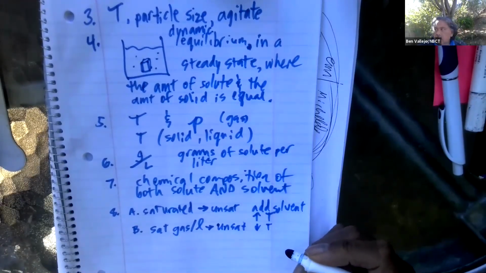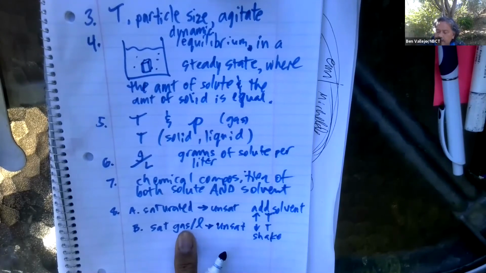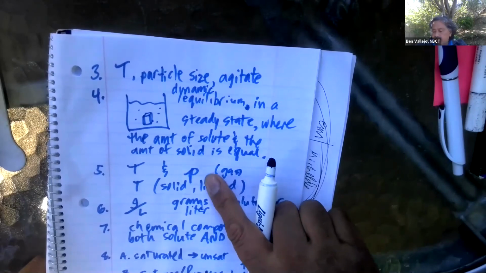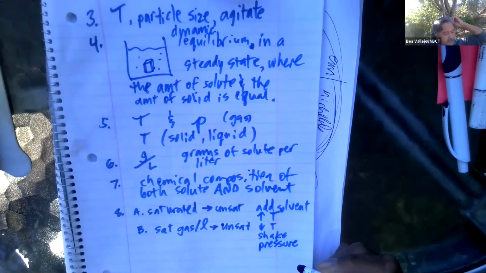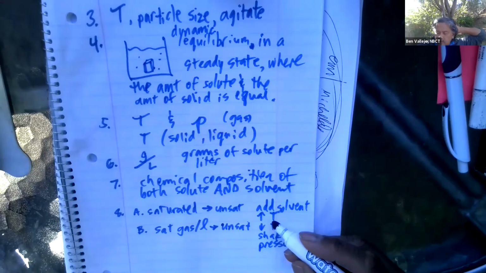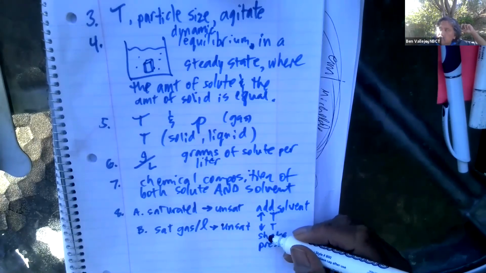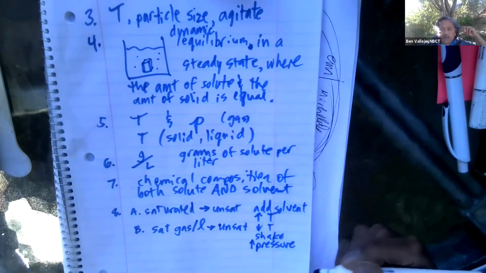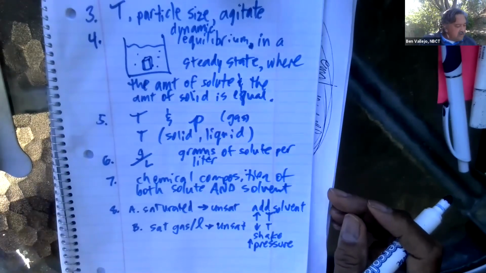You could shake it, because it also has gas as one of its components. Then, as we saw up here, pressure is going to be an issue. So we could do something with the pressure as well. If we're increasing the temperature, no, that's for the other one. We're decreasing the temperature. That is inversely proportional. So you could decrease the temperature and increase the pressure. So that's what you would do in that case for number 8.